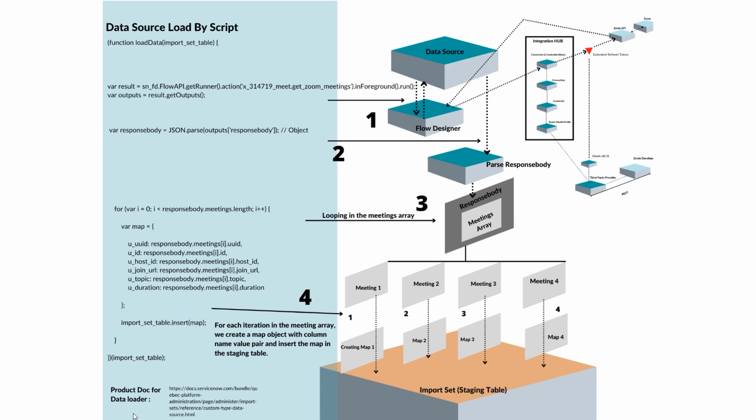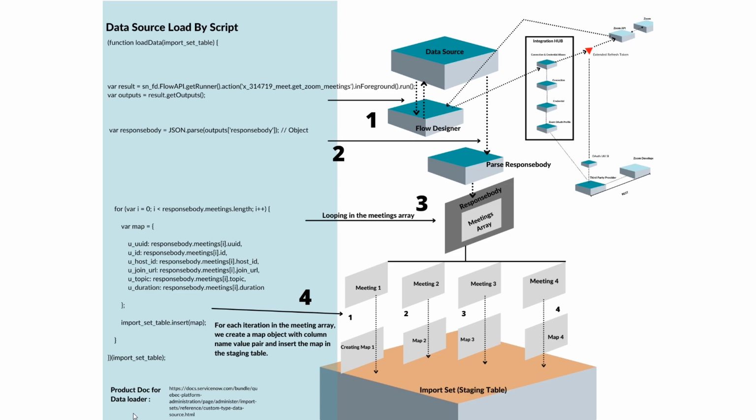So this is how we build the object, and each time we create a map object, we also insert that map object in the staging table. Okay, so the way we do it is import set table dot insert, and we have as input here the map object. Okay, you have the product documentation which will explain what other methods we can use with the import set.